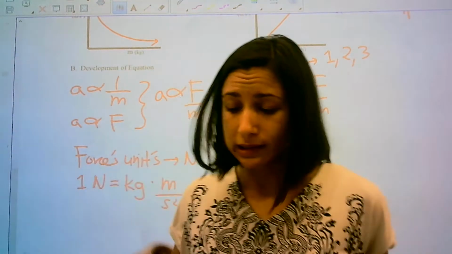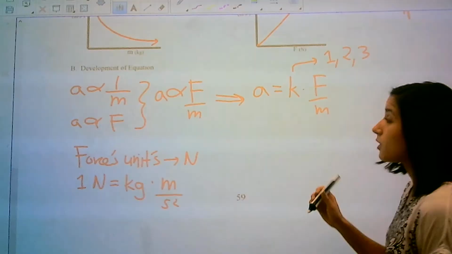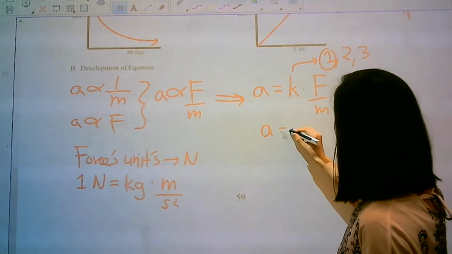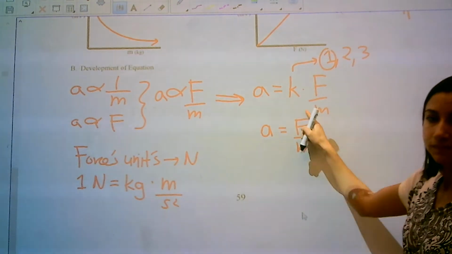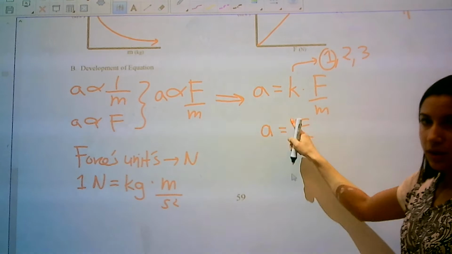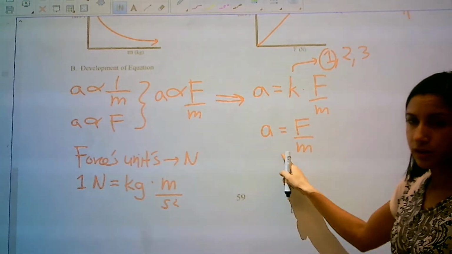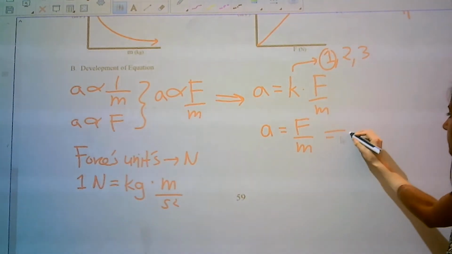Probably said this slightly out of order. That's okay. I'm going to tell you guys right now that this constant is 1. We know that a must equal F over m. So k is 1. I'm just deriving our equation right here. And what's really nice is now we can rewrite this equation.